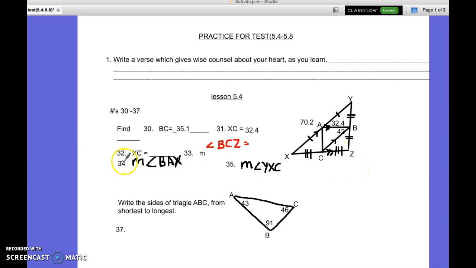And that leads us into 30. I got XC here again. I don't know why I have it twice. Not sure what that should be, but 33, the measure of angle BCX. Where's BCX? I'm going to put an R here. BCX is this angle here. And this angle here is going to be the same as this angle right here. Why? Because this is parallel to this.